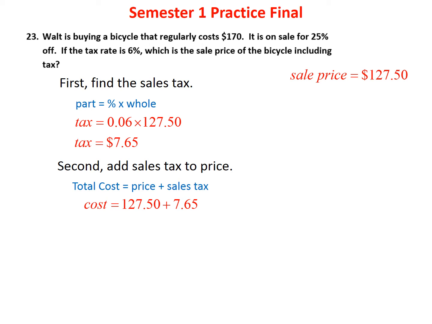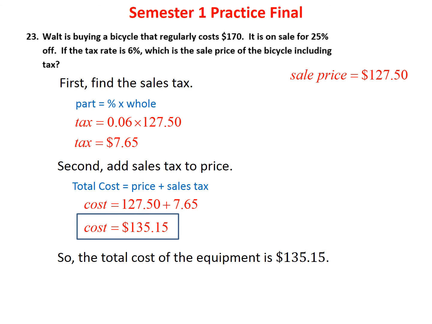So we add $127.50 to $7.65, and our final answer is the bike is going to cost us $135.15. Notice that we found the discount and subtracted it to find the sale price, and then we found the tax on the sale price and added it to find what we actually had to pay. Final cost, $135.15.